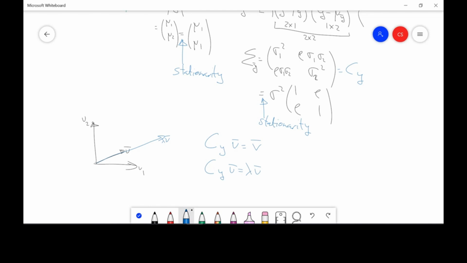There are only two directions in which this property holds, and these directions are called the eigenvectors, and these the eigenvalues.